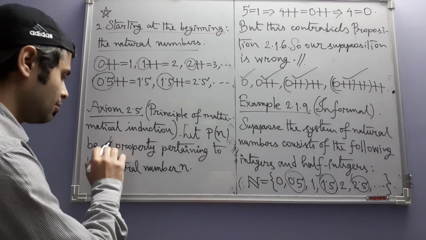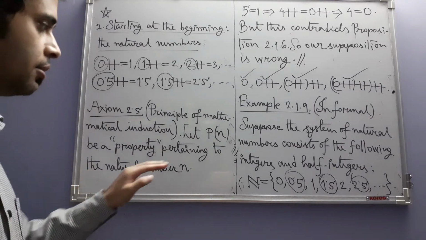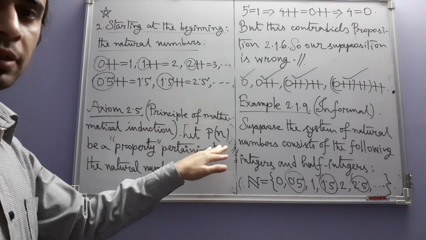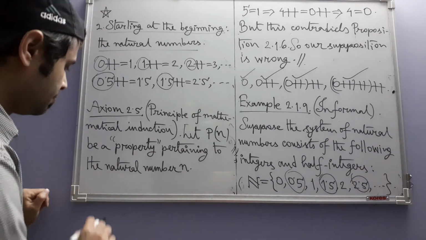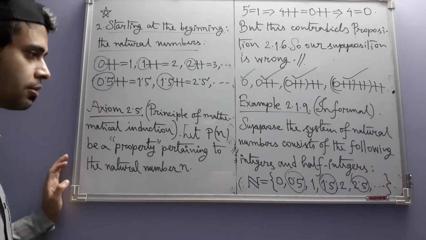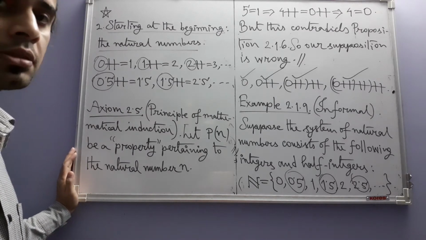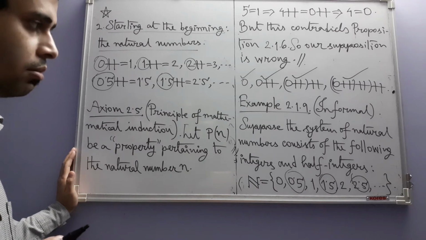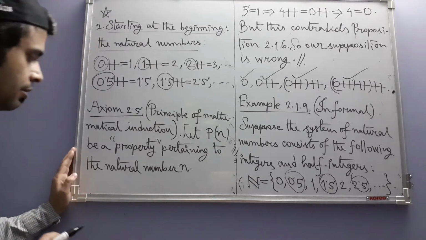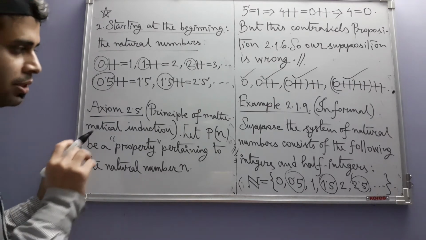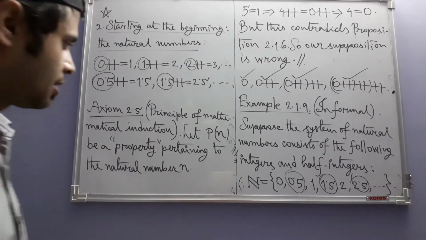Although in our study of mathematical logic, we have seen what Pn is, it's a statement which involves n. The true definition of a property in a strict logical sense is somewhat more difficult, and we don't need that actually. The working knowledge of what Pn can be is enough for us. So let's just take some examples.